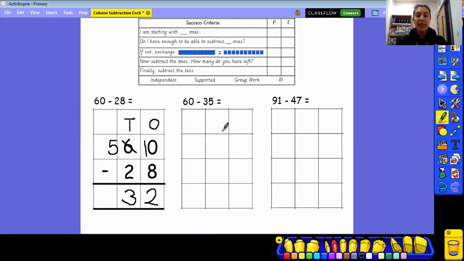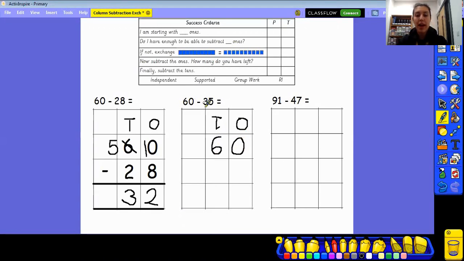Are you ready to work out the answer? Let's have a look. So I'm starting with the number 60. So I need a tens column and I need a ones column. The first number in my calculation goes on the top, and that has got 6 tens and 0 ones.